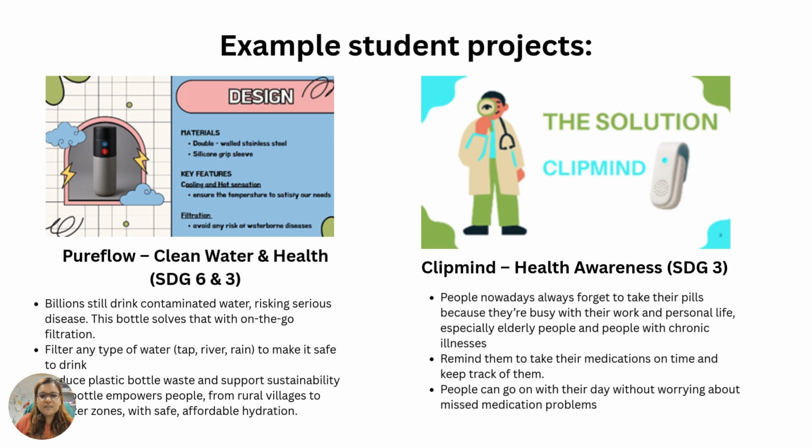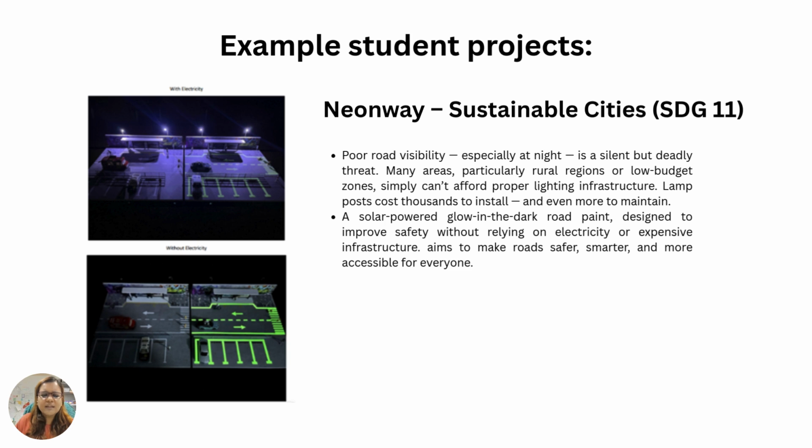ClipMind addresses SDG 3, which talks about how busy people and elderly will forget the medication, and this can help keep them on track of their medication. And Neon Way, which addresses SDG 11, talks about how road with poor visibility can be improved with solar-powered glow-in-the-dark road paint, which can make roads safer, smarter, and more accessible.